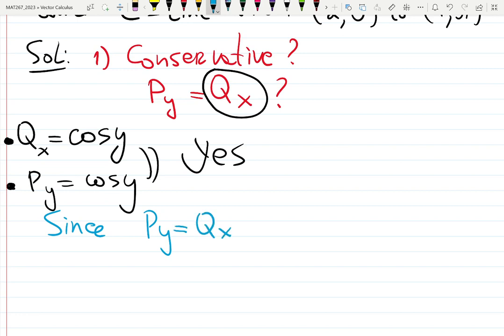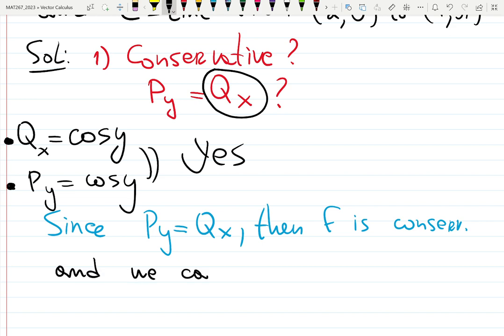Since these two are the same, then F is conservative. And we can find the potential function f such that the derivative of f gives you the vector field capital F. So it's called potential function.